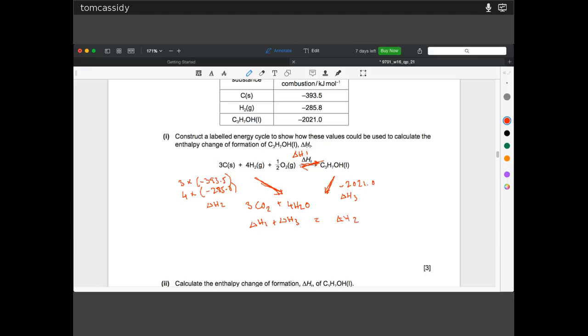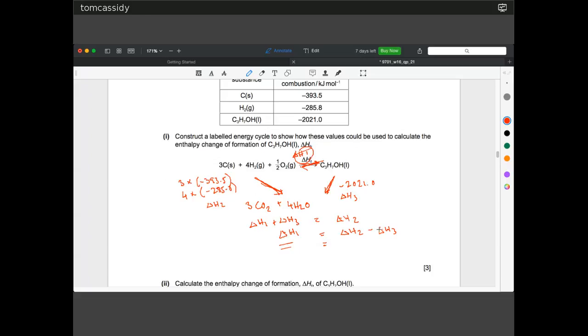But we are trying to find this, aren't we? Delta H1. So we've got to make that the subject of the equation. So delta H1, which is the thing that we're trying to find out, is equal to delta H2 minus delta H3. Okay, and if we plug all the numbers in now, we'll work out what delta H1 is. Delta H2 is all of those added together.